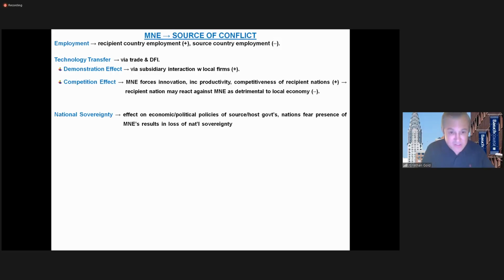In terms of national sovereignty, well, the fear is always that what? What is the effect going to be of a US company or some other Russian company, a German company, a French company, a Chinese company coming into a particular host country and setting up a flag? What is going to be the impact of BMW coming down to Spartanburg, South Carolina, in order to set up a manufacturing facility that's going to employ upwards of 15,000 people?